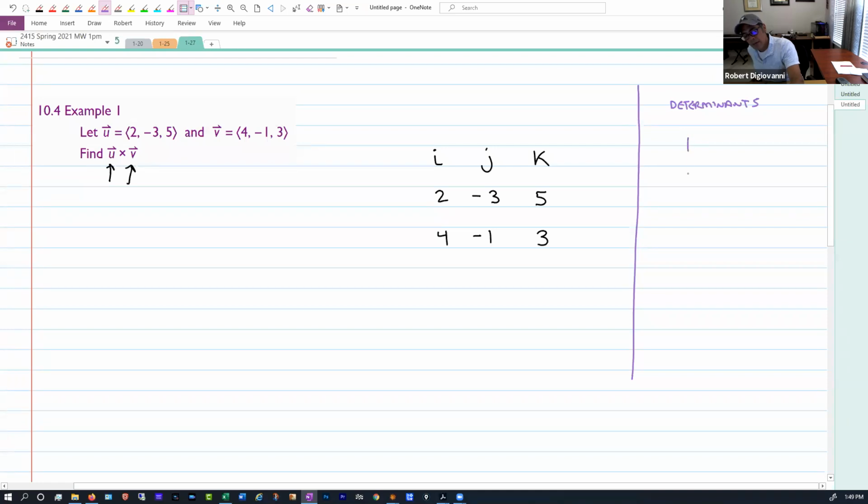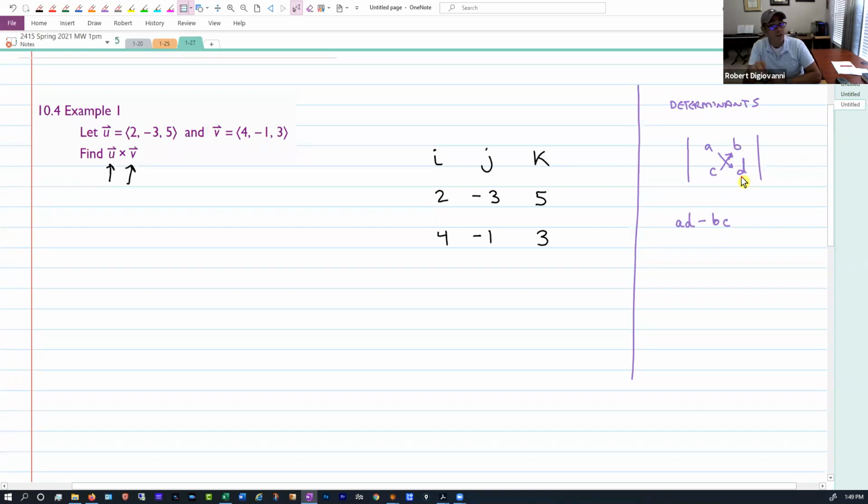If you have a matrix with four numbers, a, b, c, d, the determinant is these two numbers multiplied, a times d, minus these two numbers multiplied, b times c. So you do this diagonal multiply and then subtract this diagonal multiply. That's called the determinant of a 2 by 2 matrix. Again, if you haven't seen it, don't worry about it.